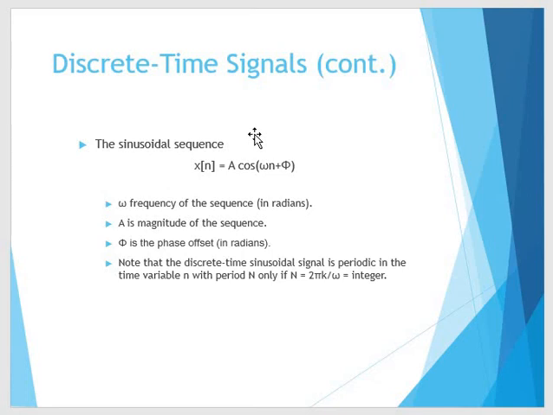If I use A sin(omega n plus phi), then it is a sinusoidal signal, where omega is the frequency, A is the amplitude or magnitude, and phi is the phase offset, or simply the phase. Now, the cosine signal starts from a 90 degree phase shift of the sine signal. If the sine signal starts from 0, the cosine signal starts from either minus pi or plus pi. So this is the difference between cosinusoidal and sinusoidal signal.